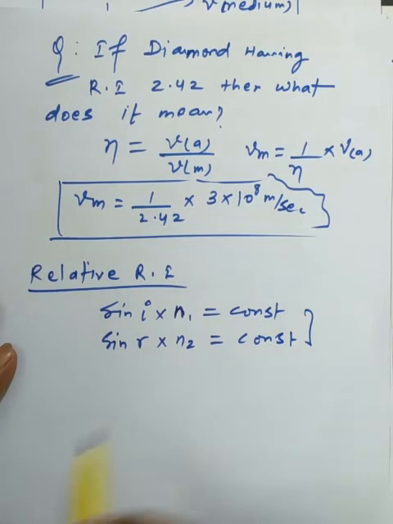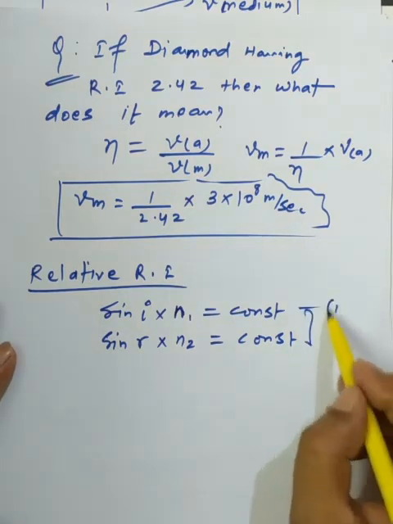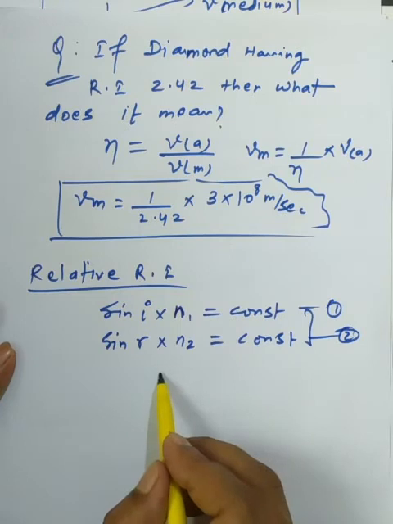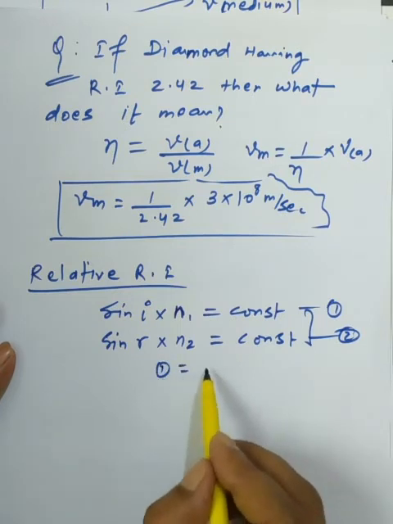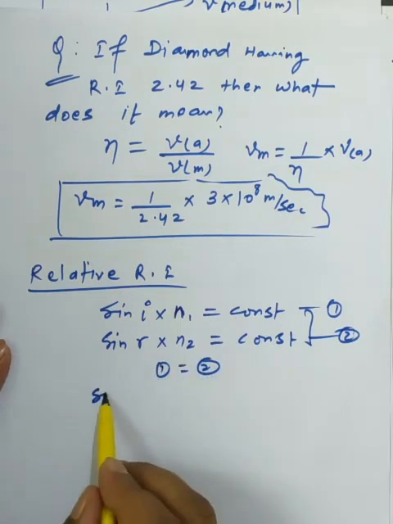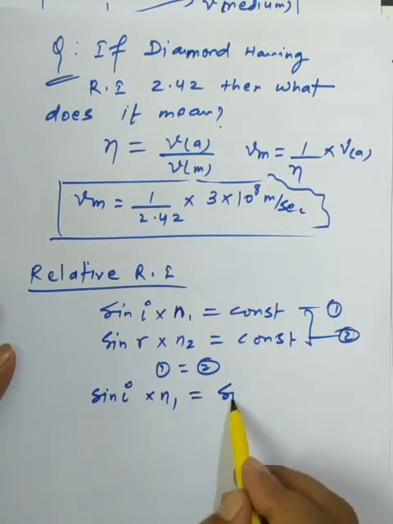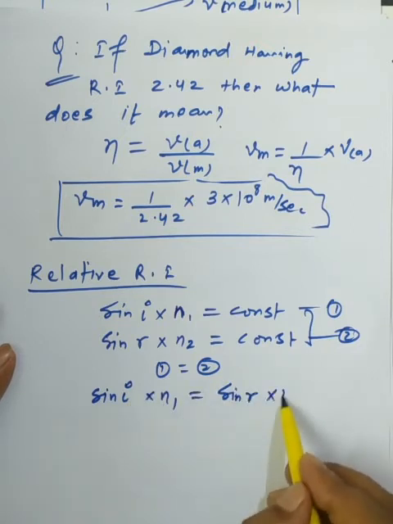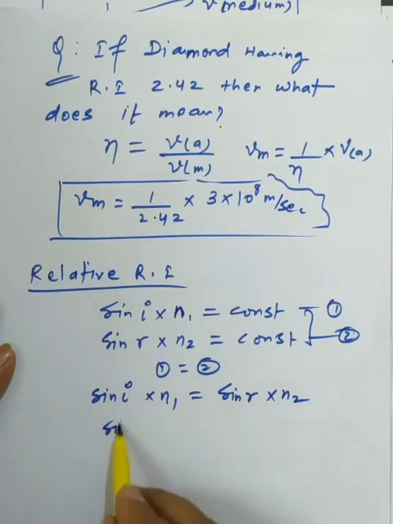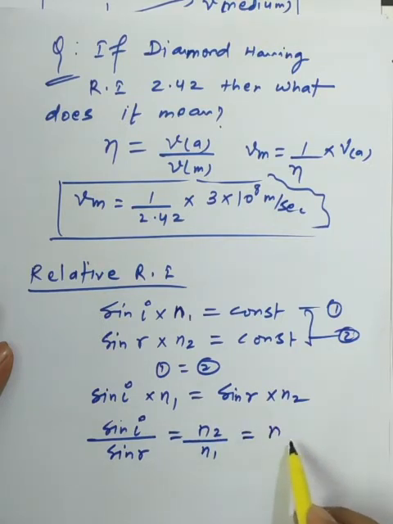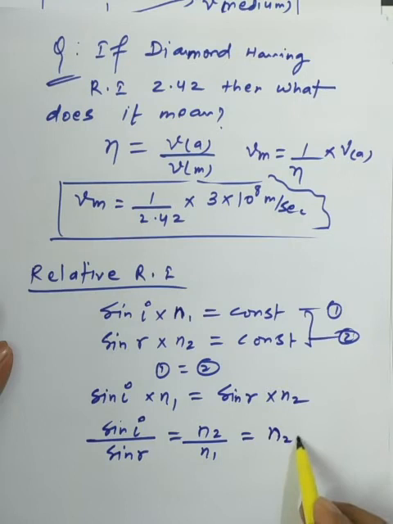Suppose this is equation number 1 and this is equation number 2. Both are equal to the constant, so 1 can be equal to 2. So sine i into n1 equals sine r into n2. Taking the ratio of sine i to sine r, that is n2 upon n1, which can be stated as n21.